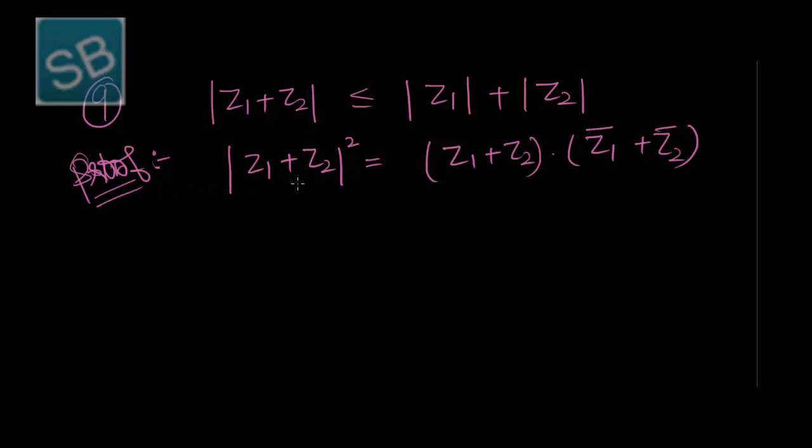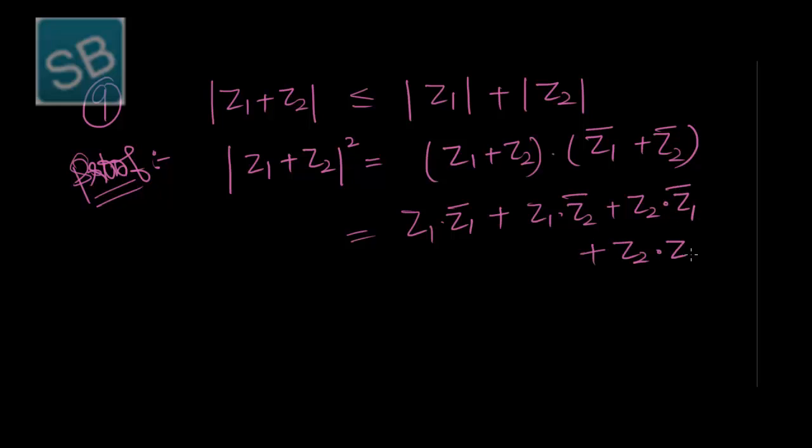That is, if we take this as z, then z into z bar, and the conjugate of z1 plus z2 converts into z1 bar plus z2 bar by using the property of the conjugate of a sum of complex numbers. So the next step will be z1 into z1 bar plus z1 into z2 bar plus z2 into z1 bar plus z2 into z2 bar.